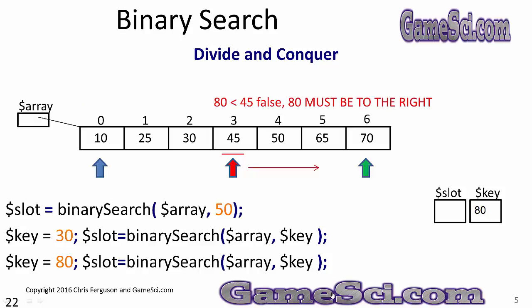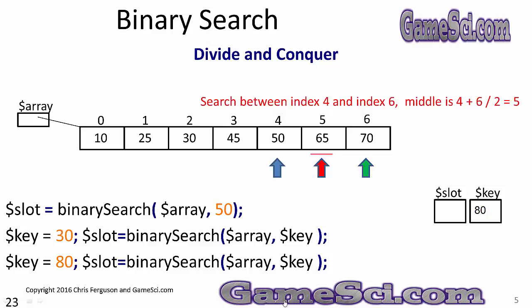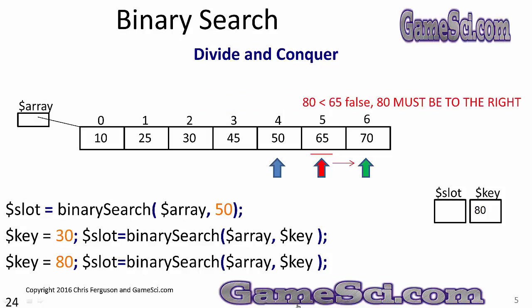80 less than 45 is a false statement, so 80 must be to the right of this sorted array. Readjust the boundaries of my search to 4 and 6. Calculate the middle as 5 and go to the middle and look for my data. 80 less than 65 is a false statement, so 80 must be to the right.